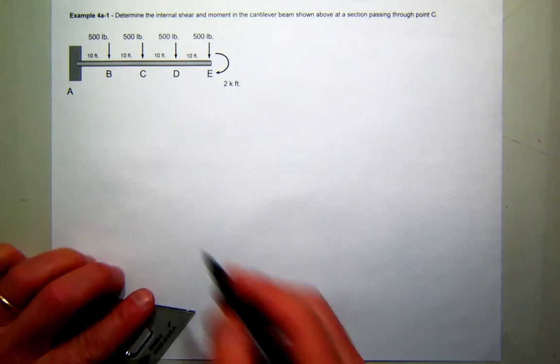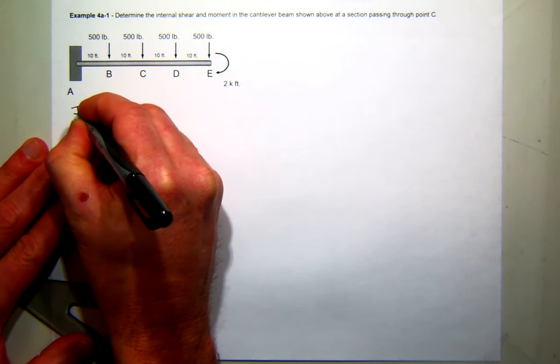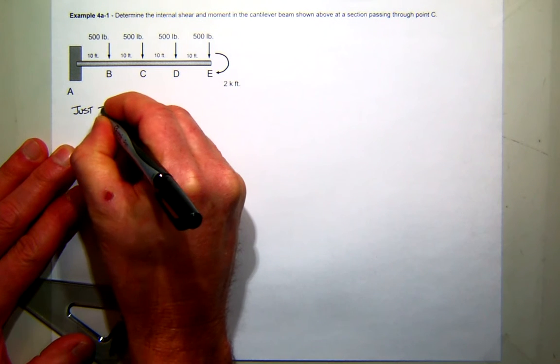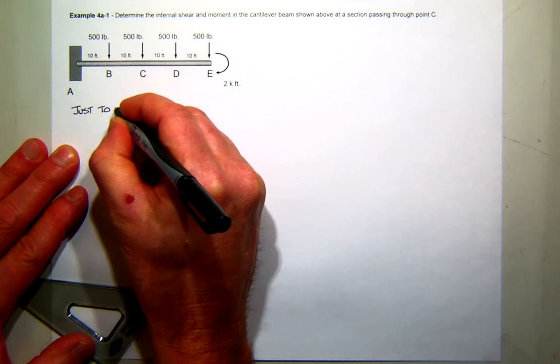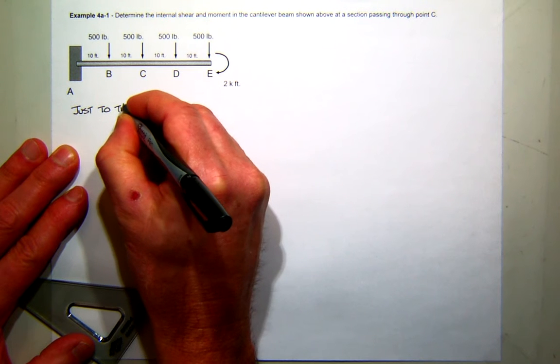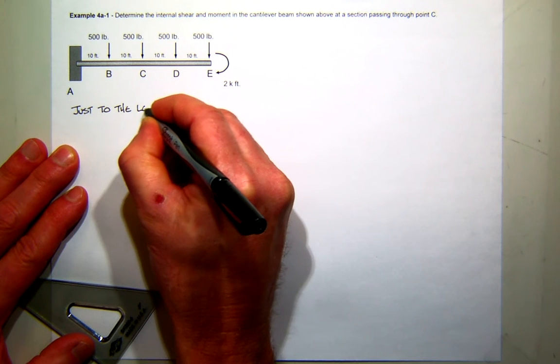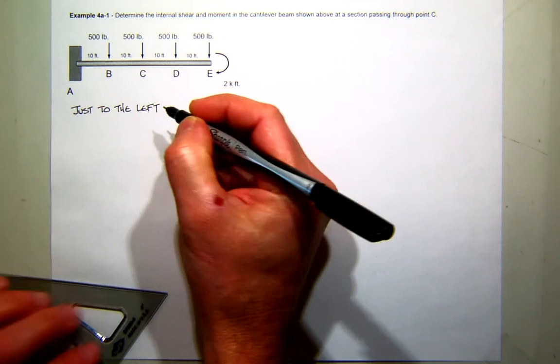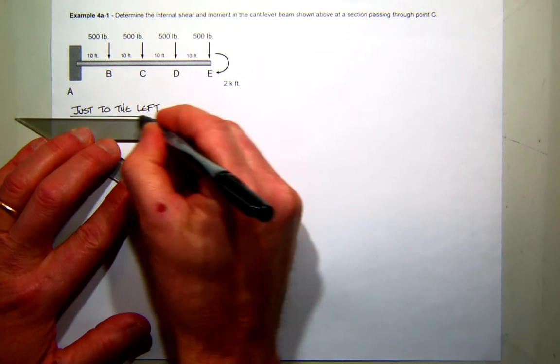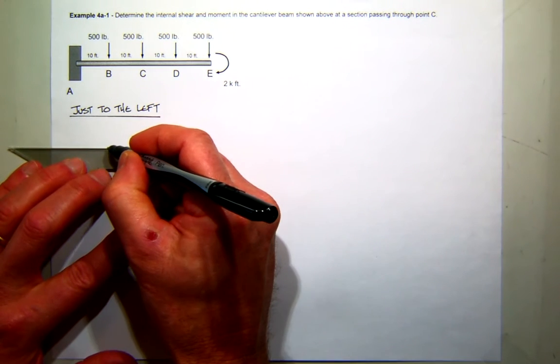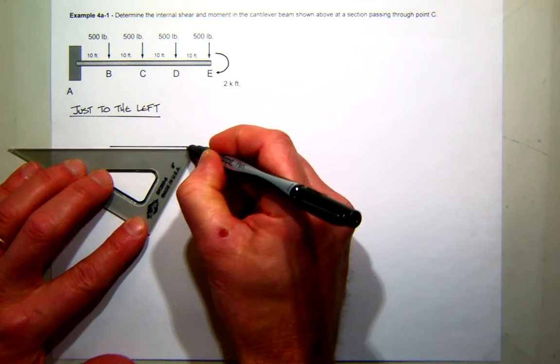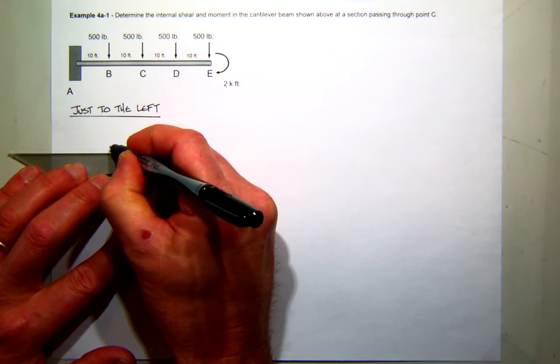So let's start with just to the left. When I do that, this is what my free body diagram will look like. So there's the object.